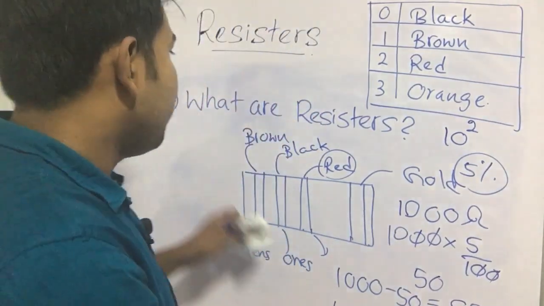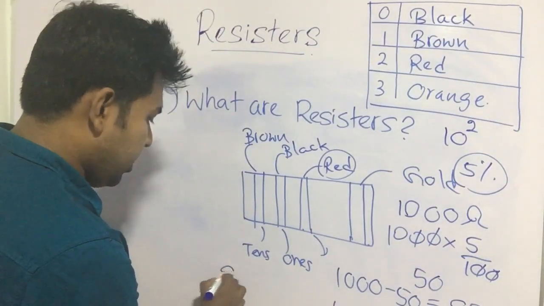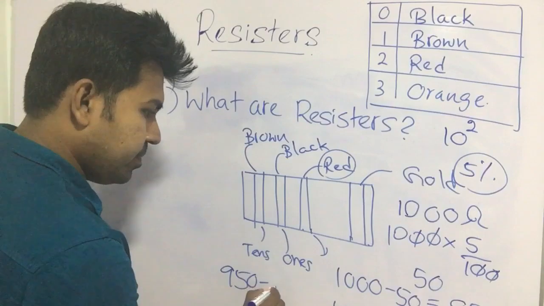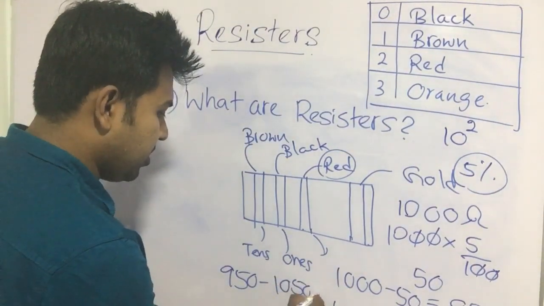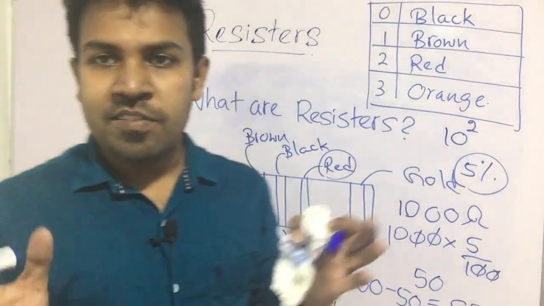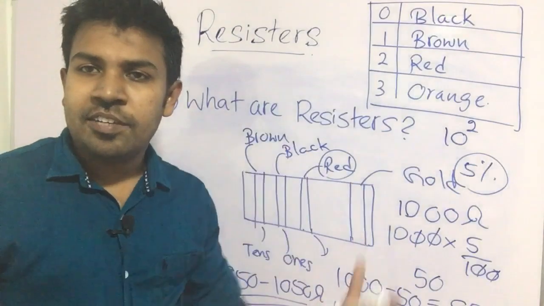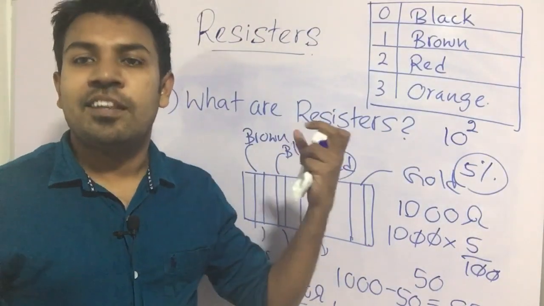So therefore we can state the range 950 to 1050 ohm as the resistance value range. So this is how we can do a question easier with the different color codes.